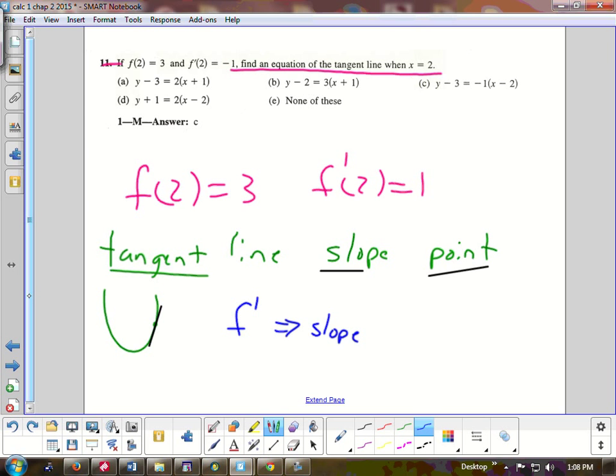First of all, they say f of 2 is 3. So you have to think of this as f of x equals a y value. So our point we're going to use is (2, 3). And when you see f prime of 2, this should be interpreted as the slope, or the derivative at x equals 2.